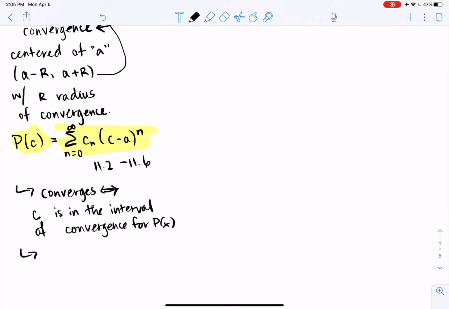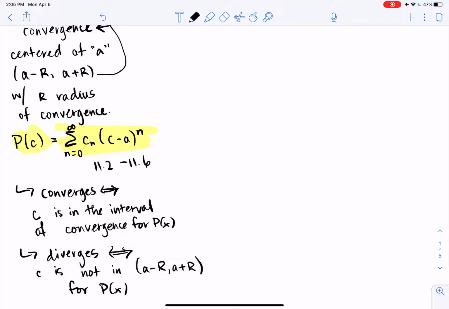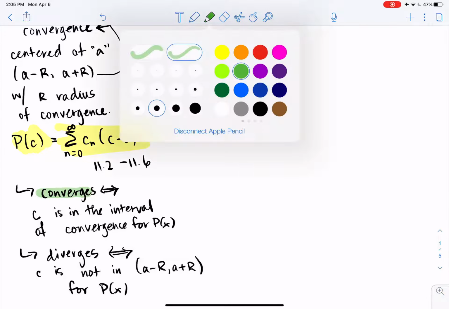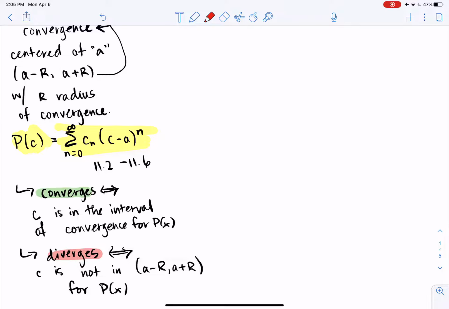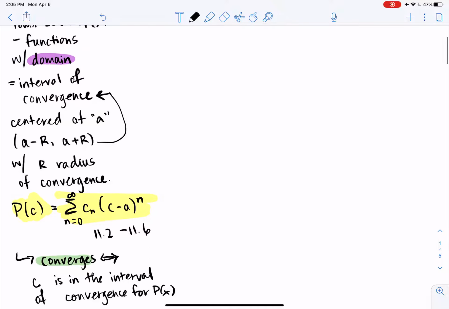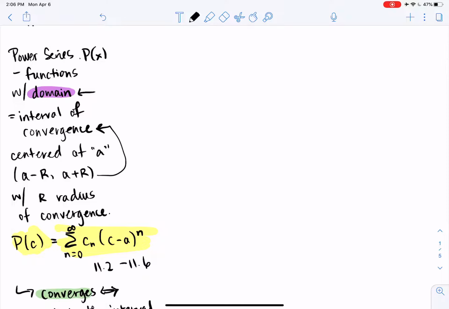And P of C diverges is equivalent to saying that C is not inside the interval of convergence, which I'll write this way for our power series. Okay, so this is odd, but I just want to tie that together even with 11.2, in the sense that we're just dealing with a function whose output is a series, and that won't necessarily be a finite value. You have to do some work to determine if the output is a finite value. If it is finite, if it converges, that value C is in the domain of the power series.